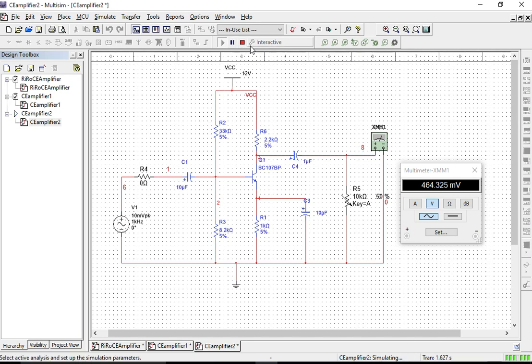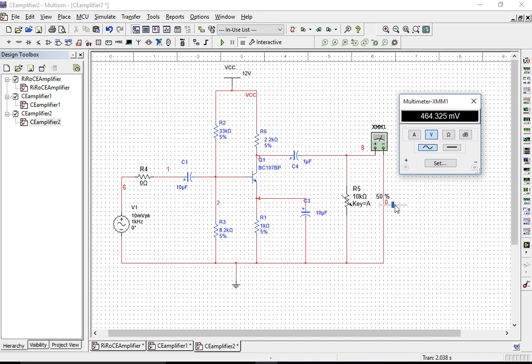It is 464. Let us try to increase this value and observe whether the output increases or reduces. 500 millivolts. So now 40% of the value.